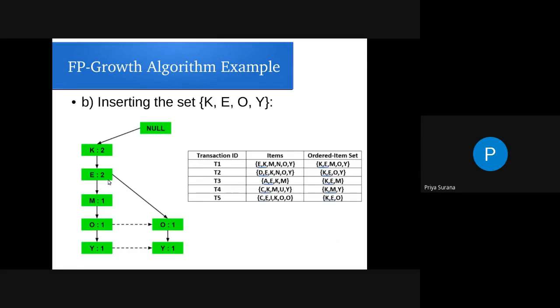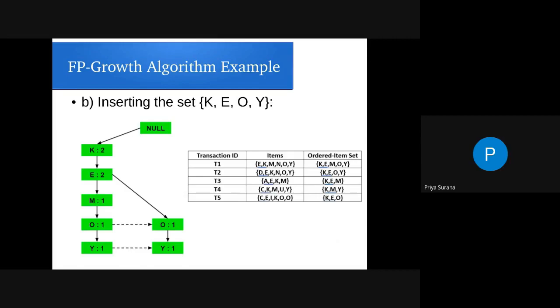Now next is O, but in this sequence the next is M. So K, E, O: now O is inserted having count 1. Next is Y, which is inserted having count 1. So for transaction T2, it is built like this.